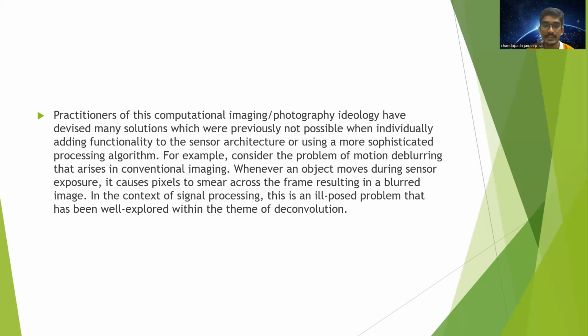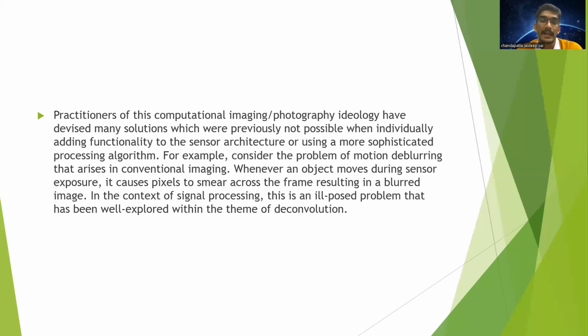For example, consider the problem of motion deblurring that arises in conventional imaging. Whenever an object moves during sensor exposure, it causes pixels to smear across the frame, resulting in a blurred image. In the context of signal processing, this is an ill-posed problem that has been well explored within the theme of deconvolution.